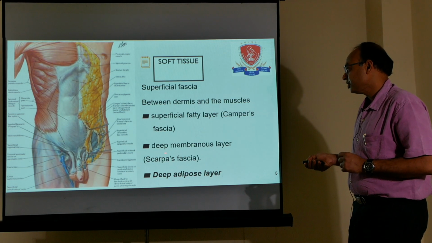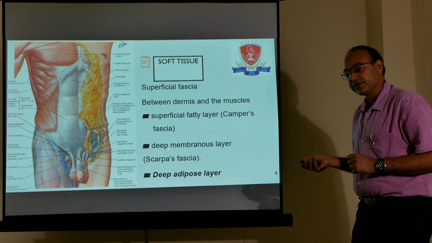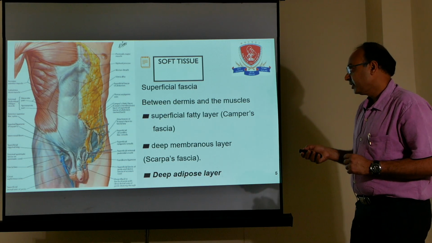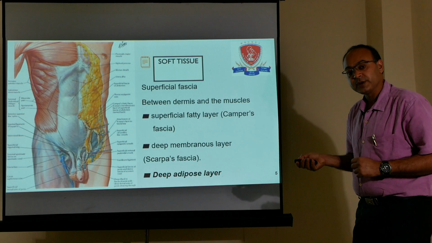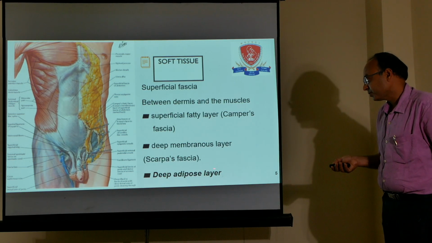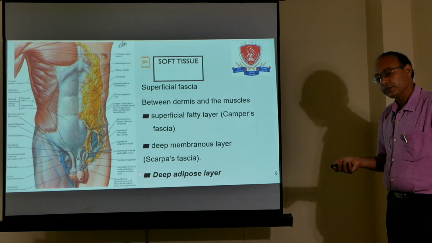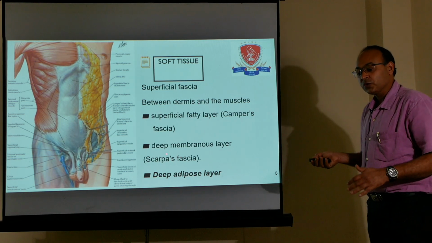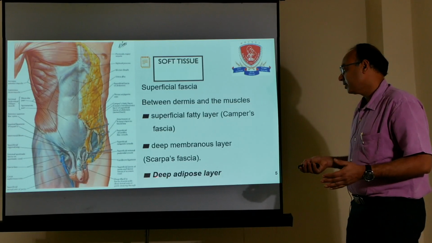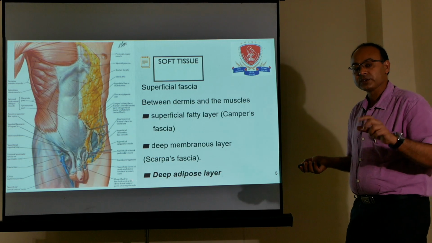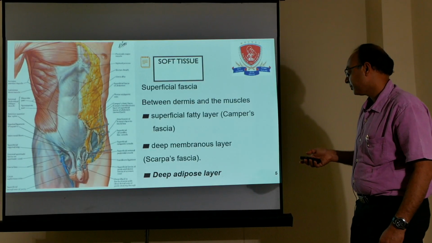Scarpa's fascia is a part of the superficial fascia, and the deeper layer of the soft tissue is made up of adipose tissue.